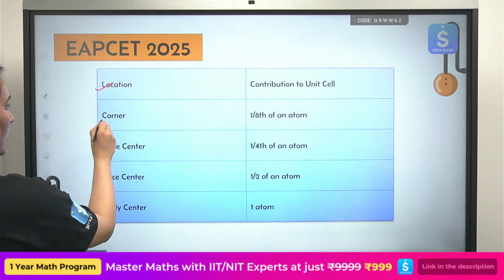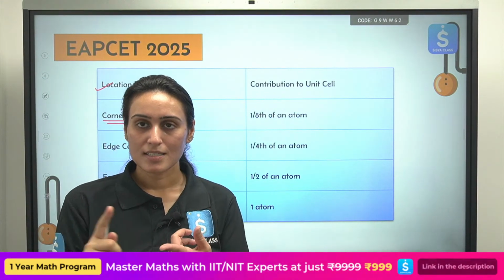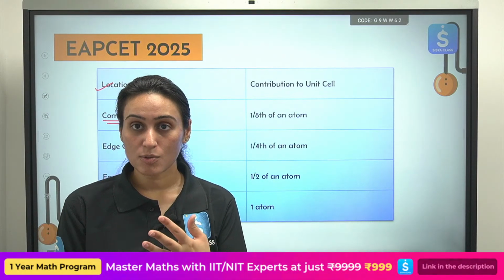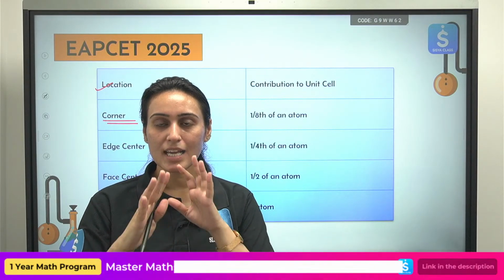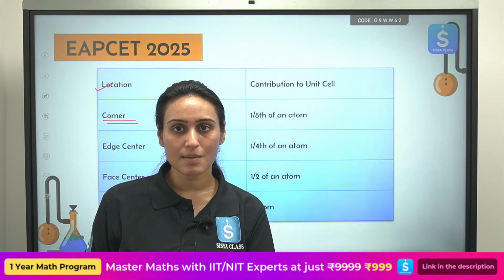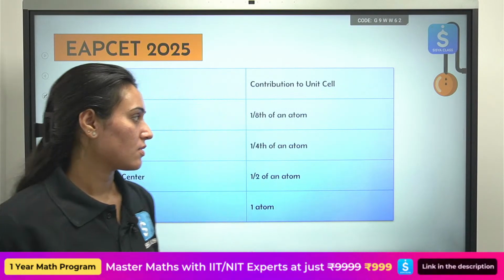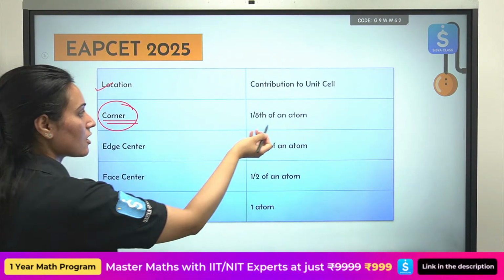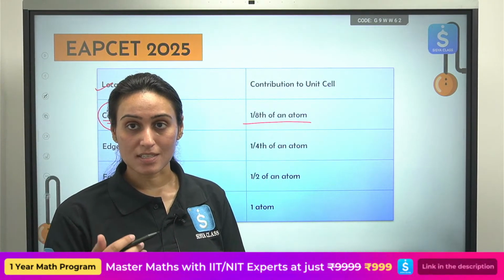So based on location, we are talking about those 4 unit cells that we have just now studied: simple cubic, end-centered cubic, body-centered cubic, and your face-centered cubic. Okay, SCC, BCC, FCC or CCP, and end-centered cubic, ECC. Okay, so in that, if you have an atom present at the corner, it will contribute only 1/8 to the unit cell.